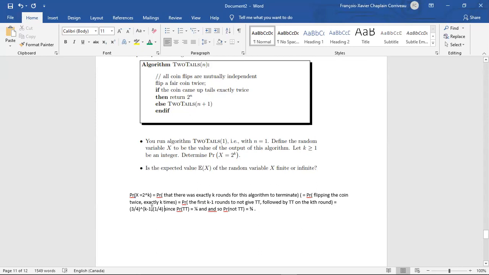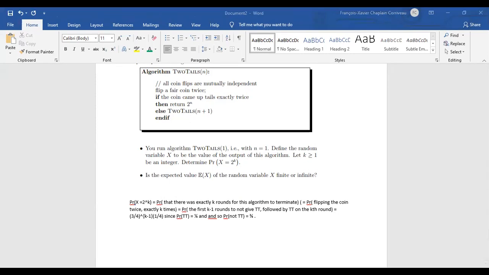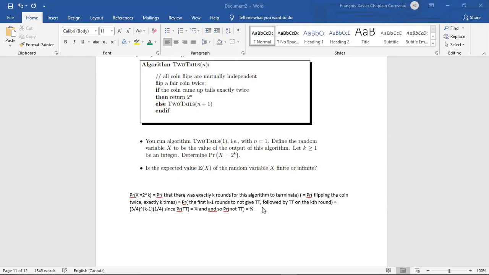Then also, if I stop on the kth round, it means that I got tails tails on that round. So that probability is 1/4. Okay, and that's as much as you need to say for part A.